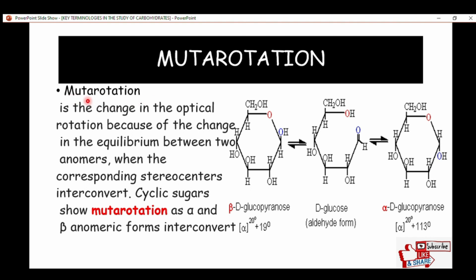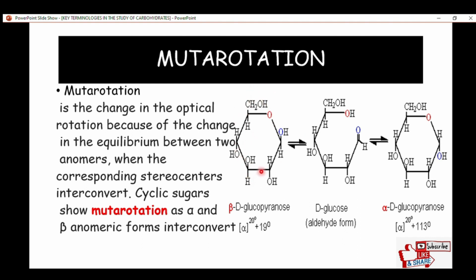Mutarotation is the change in optical rotation due to change in the equilibrium between two anomers. We have the alpha anomer and the beta anomer, as I said earlier in the previous slide. When you check this molecule, it's in the same direction as the carbon 6, so it's a beta-D-glucopyranose. This is a pyranose.